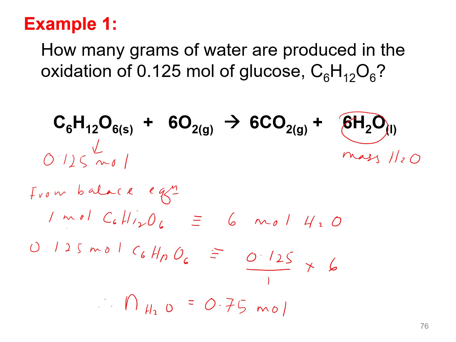Then, in order to find the mass, the mass of water is equal to 0.75 times the molar mass, which is 18 gram per mole. Then we got 13.5 gram.